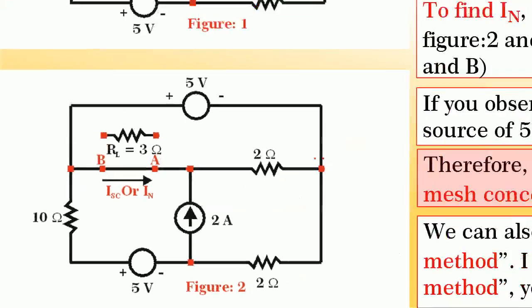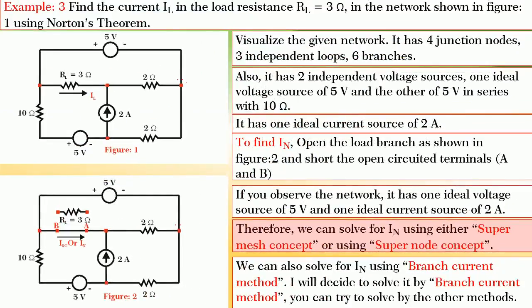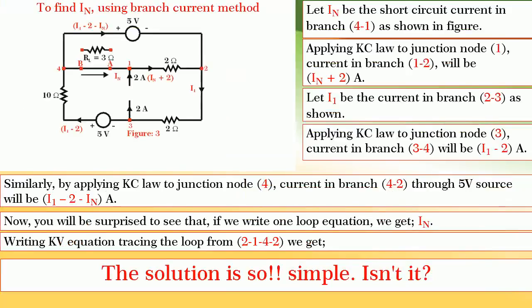Therefore, we can solve the network for IN using either supermesh concept or supernode concept. Friends, we can also solve it by using branch current method. Now, I will decide to solve it by branch current method and you can try to solve by other methods and see that you get the same answer.